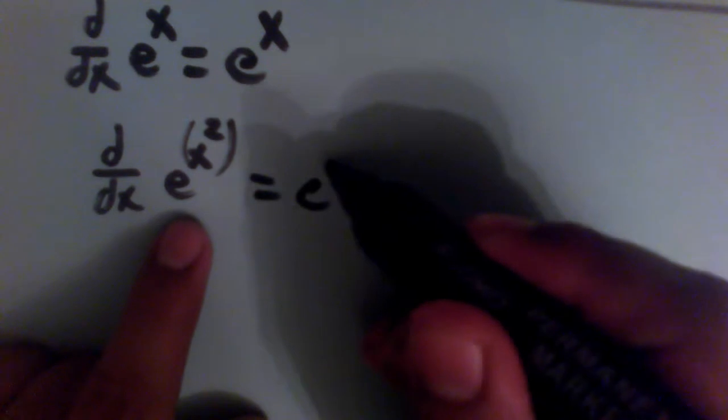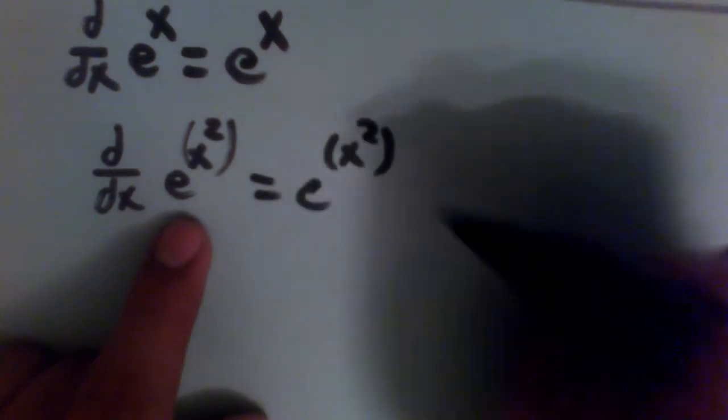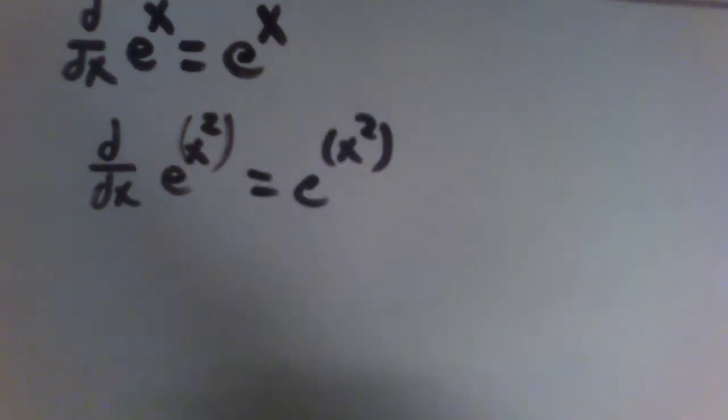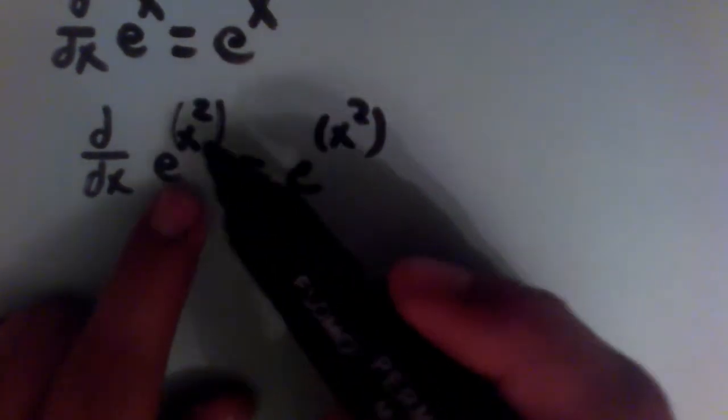When we take the derivative of e to the x, we get e to the x. So just assume this x squared is just x. We rewrite it again, e to the x squared. Then you have to take the derivative of the inside. That's what the chain rule is: take the derivative of the outside and then the derivative of the inside, right?